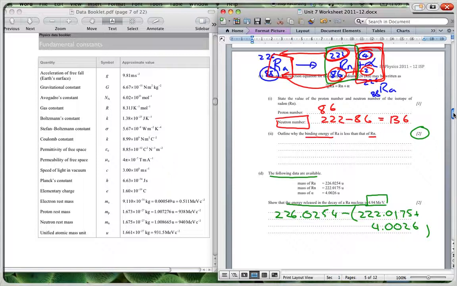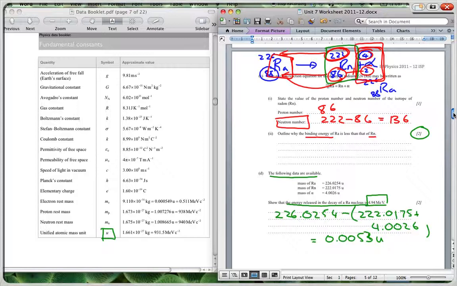So let me just do that. We're going to get 226.0254 minus brackets 222.0175 plus 4.0026, and I get, in terms of U, 0.0053 U. So that's this over here.